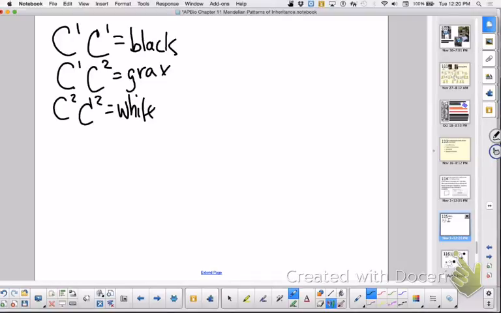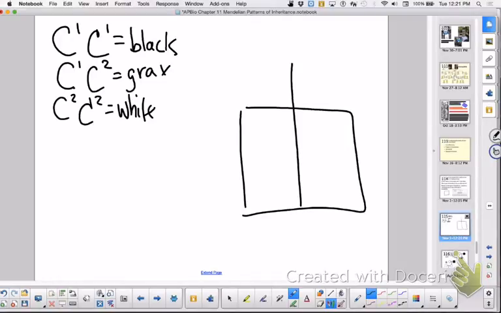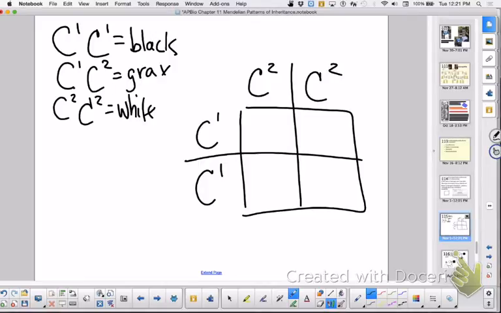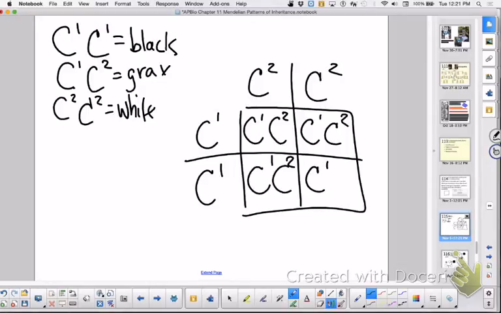So you would want to be able to explain how you were setting that up. I said a black bunny, so that's a C1 and a C1 crossed with a white bunny, which is a C2 and a C2. Is that right? Now if you did it like that, then what would all of them be? They would all be gray.